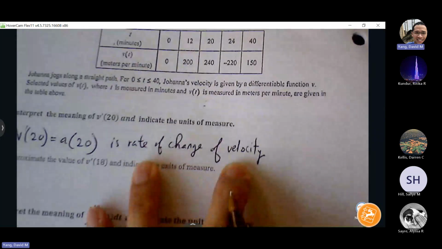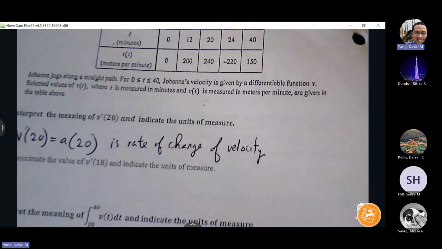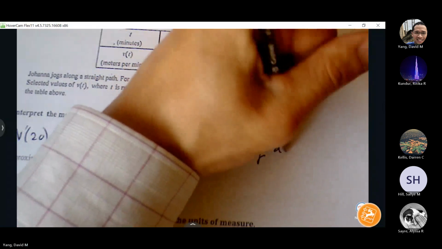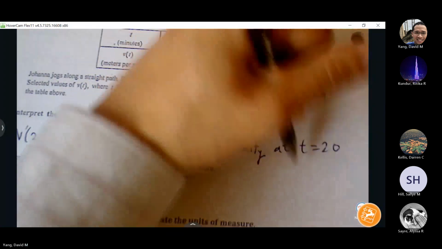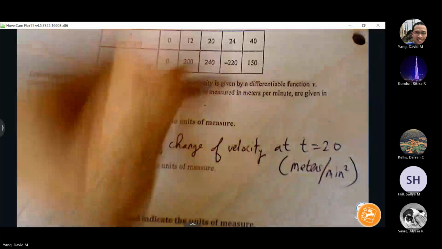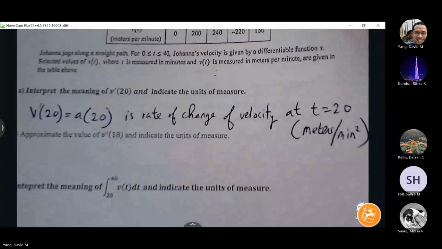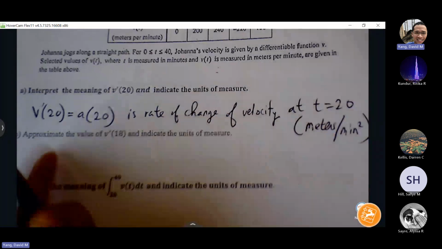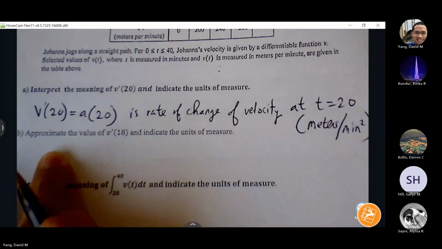I want a bit more, right? It's like acceleration, but what does acceleration mean? Use the words rate of change to indicate that we understand what that means. It's not asking us to find it; it'll ask us to find it for part B. Define it, that's right.